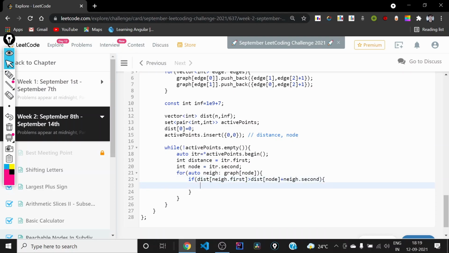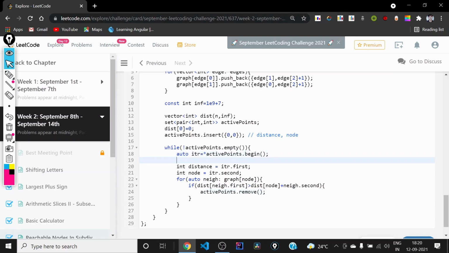So for that we can first remove this neighboring node from the active points. So I need to do this. I'll also be doing this here.